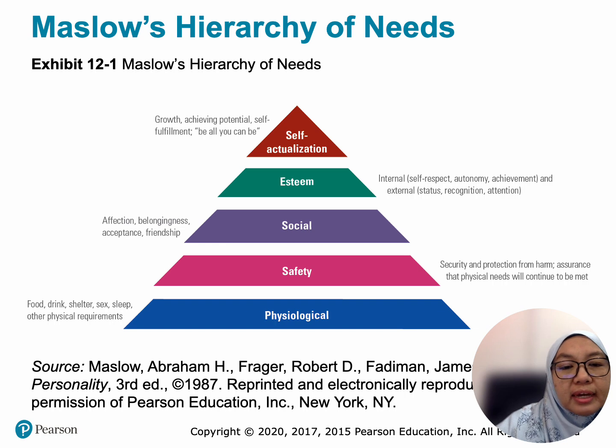Each level of needs, according to Maslow, is that you need to achieve the lowest level first in order to go to the second one. Which means if an individual lacks physiological needs, they don't have food, shelter, or enough sleep, their requirement for the higher level of needs is actually not relevant. So when they fulfill the first level, then they go to the second level and the third level continuously until the highest level.